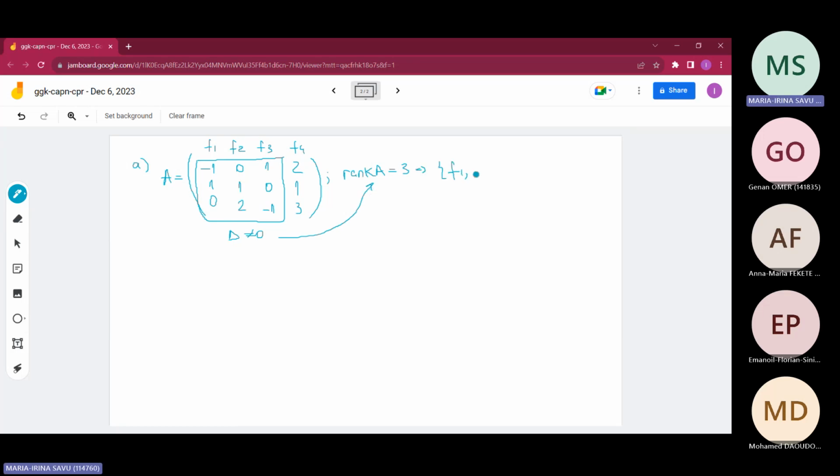So F1, F2, and F3 form a basis. Okay, so we have found the basis.